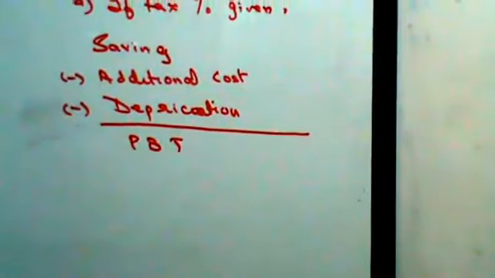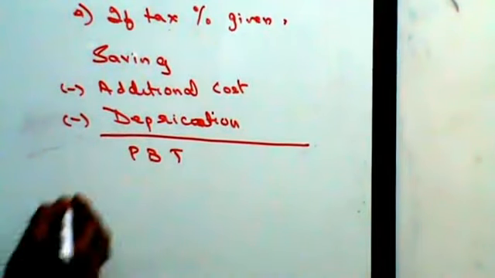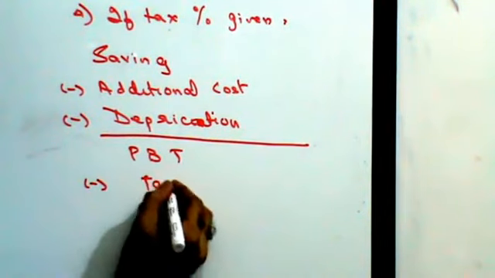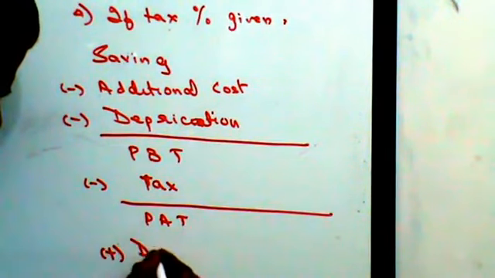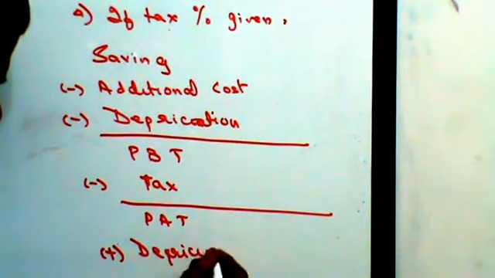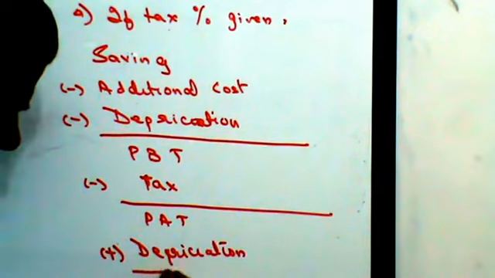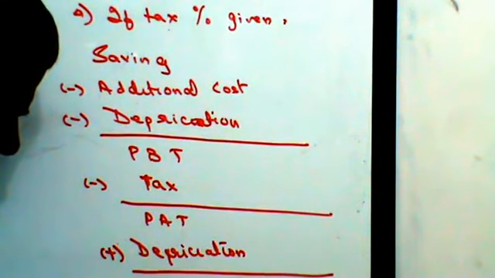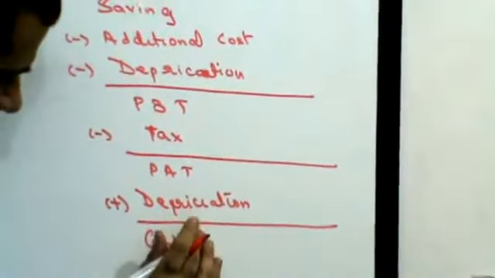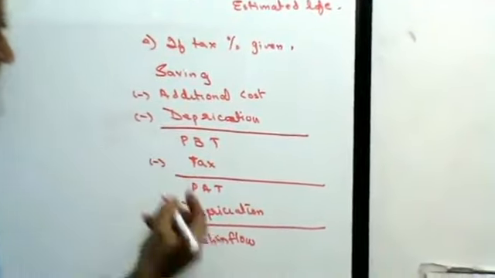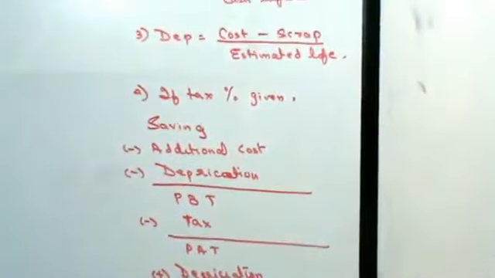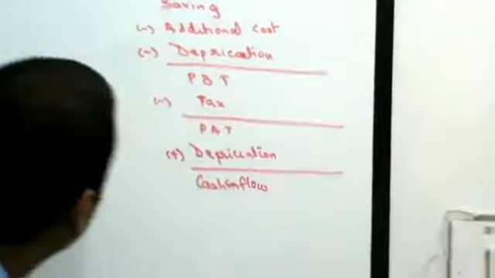PBT stands for profit before tax. Less tax will give me PAT, profit after tax. Add depreciation will give me cash inflow. So this is another method to calculate cash inflow, depending on whether the tax rate is given to you in the sum or not. If the tax rate is given, then this is how you will find out cash inflow.